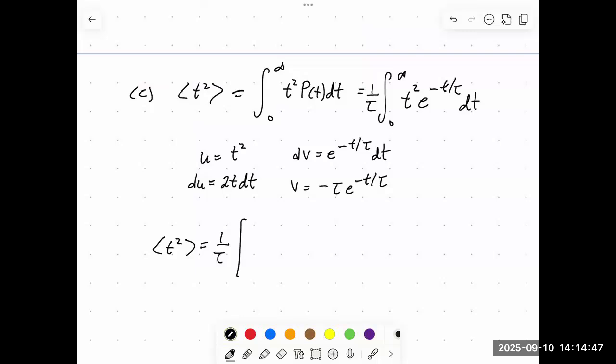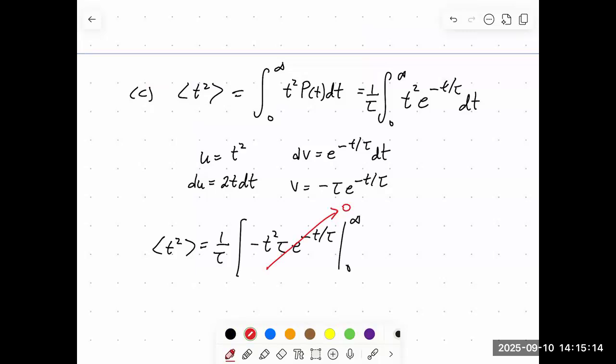And then we have our uv. So u is t squared. V has a minus tau, e to the minus t over tau, 0 to infinity. This still goes away. T squared goes to infinity faster than t, but it's still not as fast as e to the minus t over tau goes to 0.